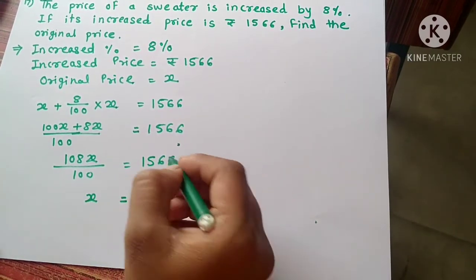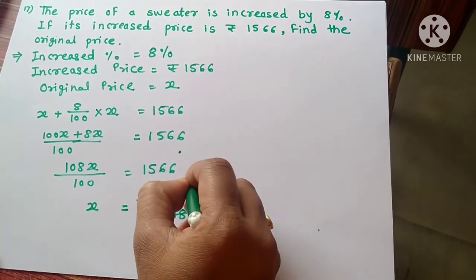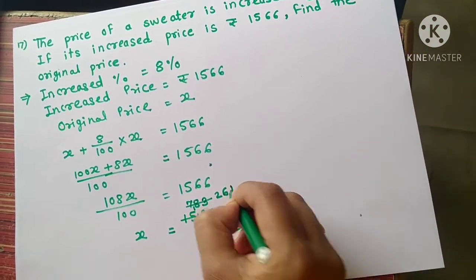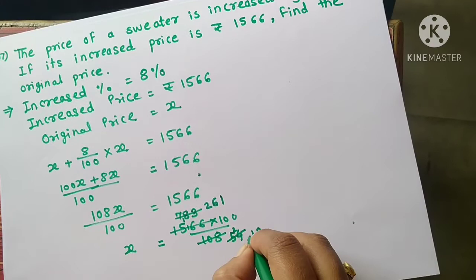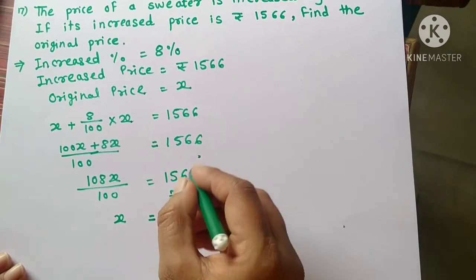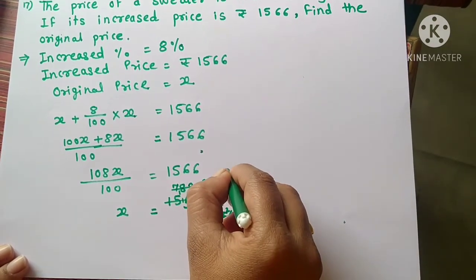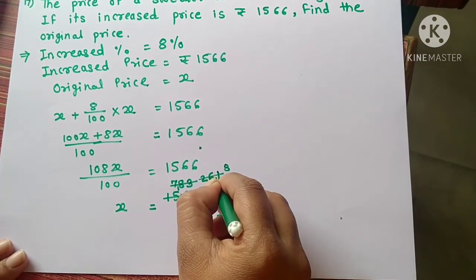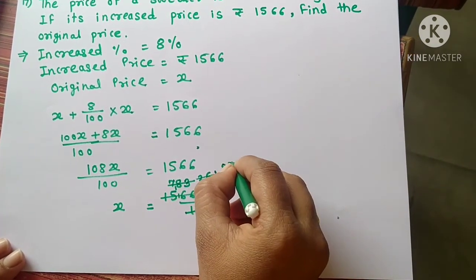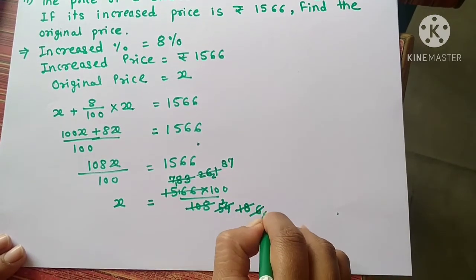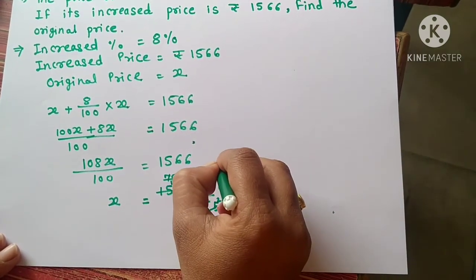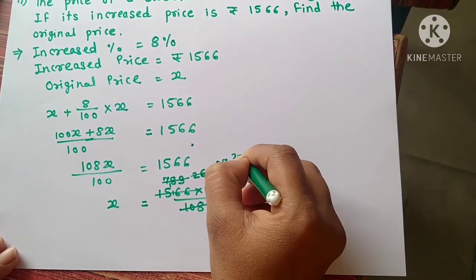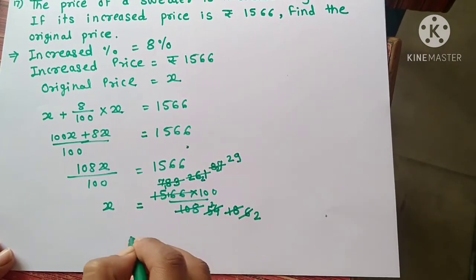Again this by 3. 3 2s are 6. 3 6s are 18. 3 7s are 21. 3 9s are 27.